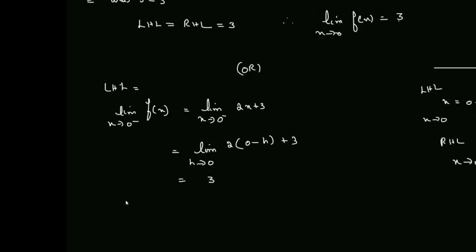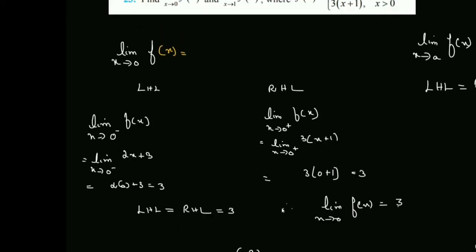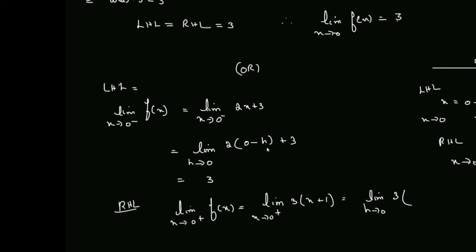The same way you can find the right hand limit. So the right hand limit is the limit as x tends to 0 plus of f of x. So that is the limit as x tends to 0 plus, where the right hand function is 3 into x plus 1. So you write this as h tends to 0, 3 into, you replace x by 0 plus h.